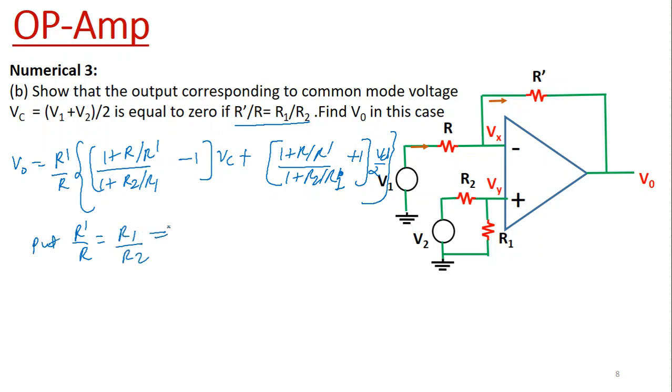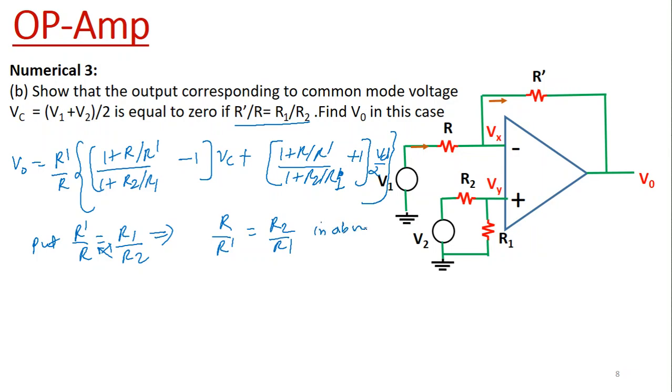From this equation one more thing we can find: if we cross multiply this equation, we get R by R dash is equal to R2 by R1. So we put R by R dash is equal to R2 by R1, and R dash by R is equal to R1 by R2, in the above equation.